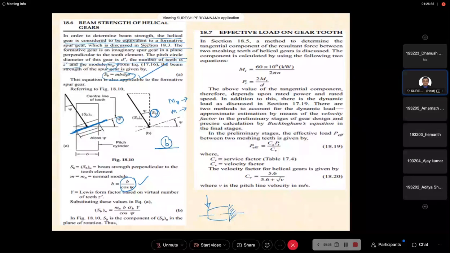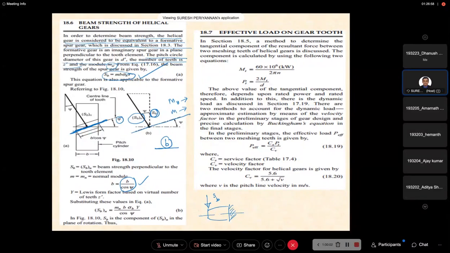Now the teeth are not parallel to the axis of the shaft. In this case we consider SB, the bending strength, and this is SBN, normal to this. The same formula, same concept. Now what is SBN here?